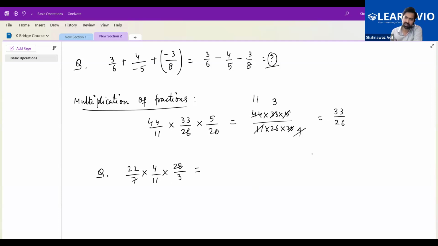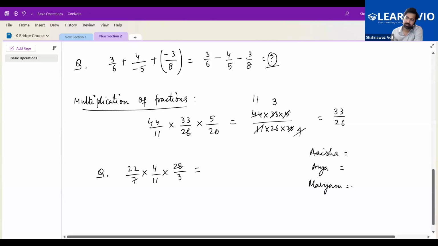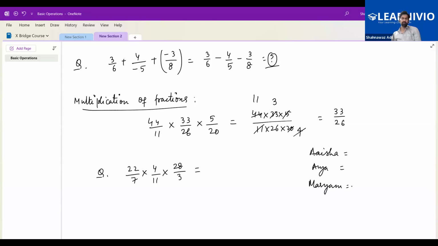Please solve this and tell me the answer, guys.